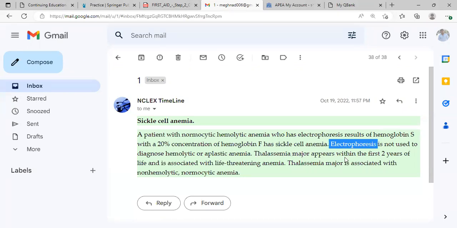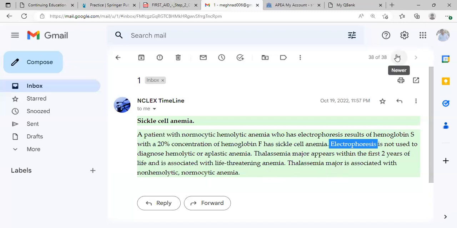Thalassemia major usually appears within the first 2 years of life and is associated with life-threatening anemia. Thalassemia major is associated with non-hemolytic and normocytic anemia, right?